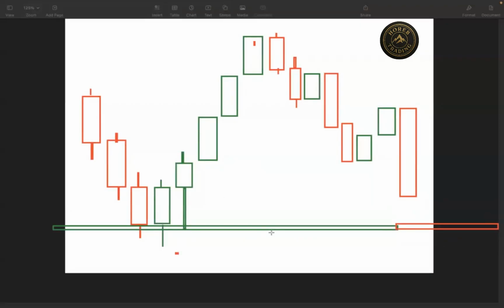The particularity here is why we can have this rejection: the buyers have entered strongly. It's not only the volume, but the leg. We have a buyer momentum. So when the price comes to this level, it will be rejected.